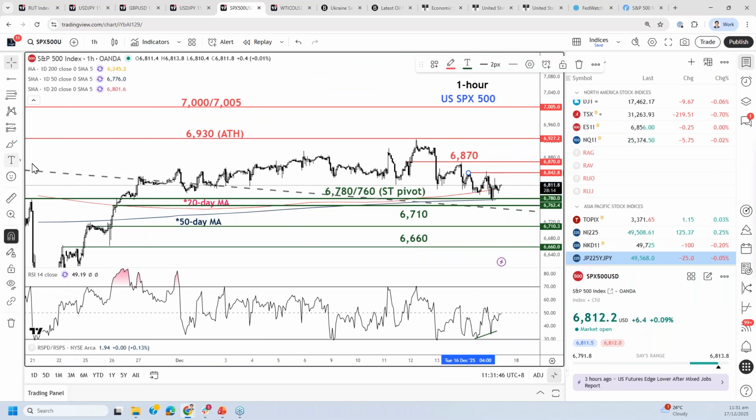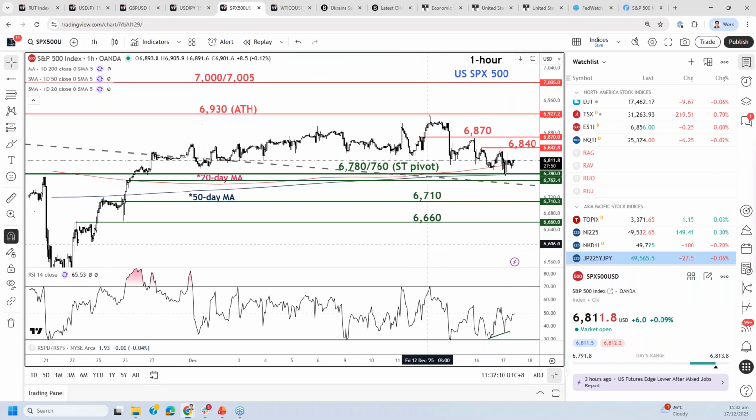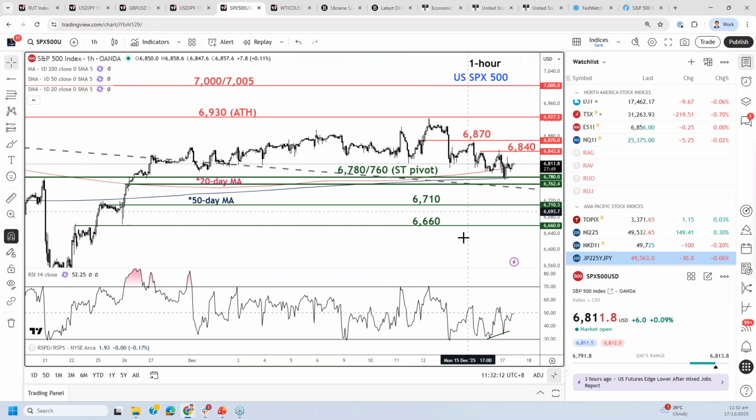All right, let's put it in writing: 6,840, followed by 6,870, for this potential recovery to take shape in the first step. However, a bearish breakdown below 6,760 will invalidate today's recovery scenario to see a further slide down towards 6,710, 6,660 next. That's for the SPX.